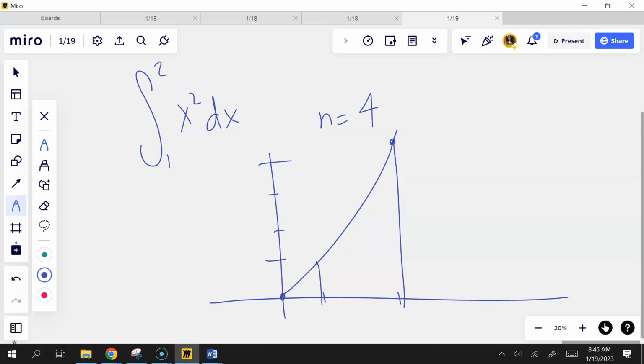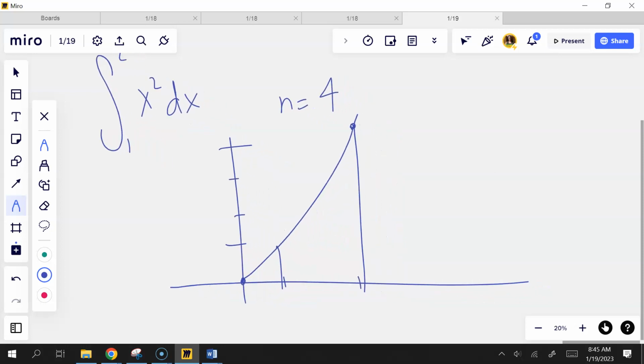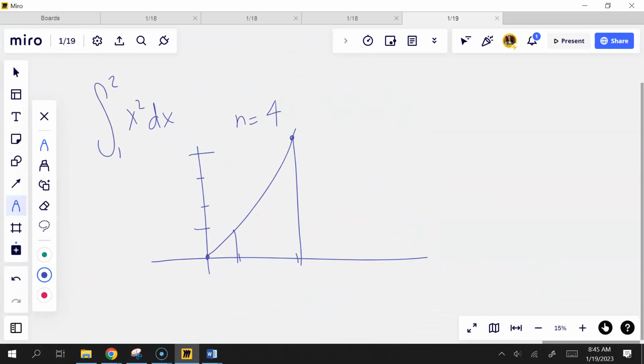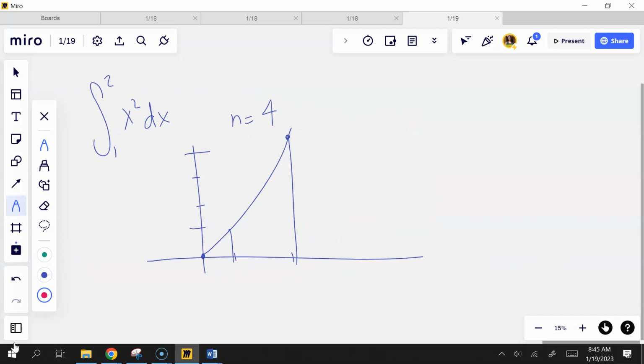If I need 4 sub-intervals between 1 to 2, this is going to give me my height of each trapezoid, right? So my height's going to be 2 minus 1 divided by 4, which would be 1/4.